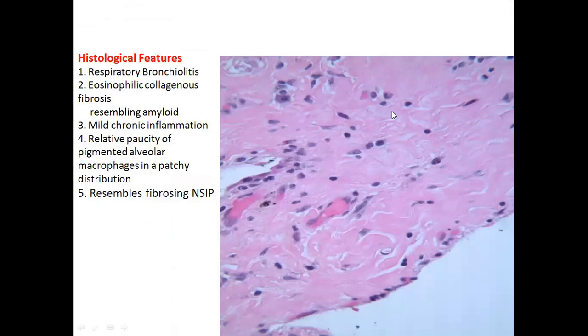In pulmonary pathology, the Movat stain is commonly used. It is a pentachrome stain, which stains five different colors, but in pulmonary pathology we mainly focus on three colors. The first color is yellow, which commonly highlights advanced fibrosis.